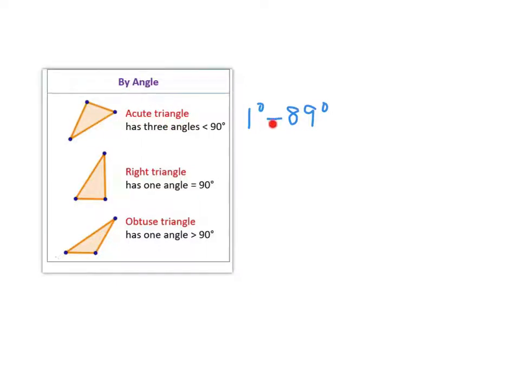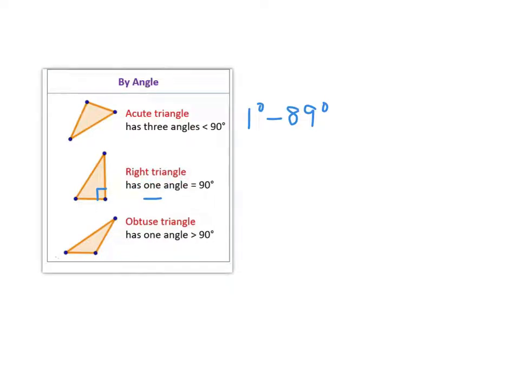If all 3 of them are small, acute. If any one angle is exactly 90 degrees, like this one is, then they name it a right triangle. Now sometimes kids get confused because it still has 2 acute angles, but it just has to have one angle that's 90 degrees, and it changes the name to a right triangle.